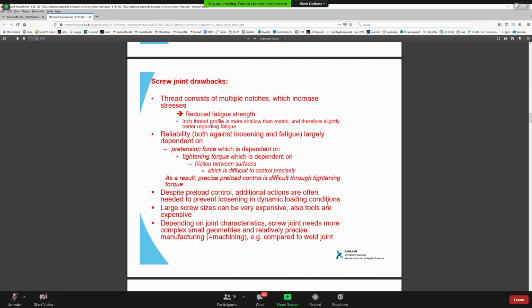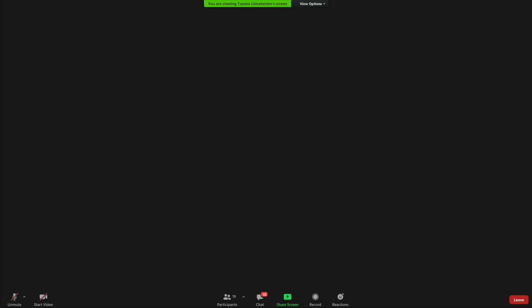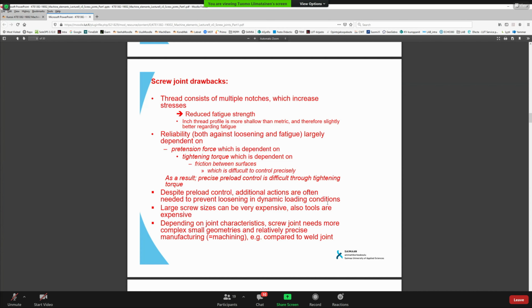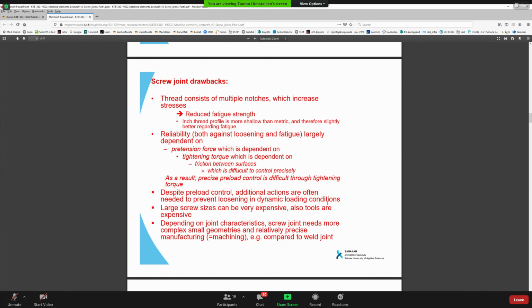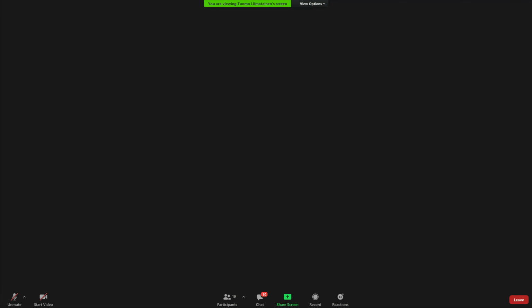Yeah. But when you have this kind of indicator in the tightening tool, it will only indicate that the tool has reached the torque. It is not a guarantee that you will have the torque in the screw, because you could have different frictions between the thread and the component and under the bolt head.